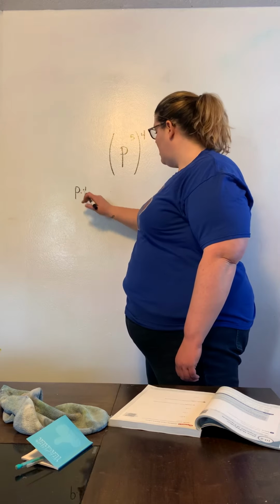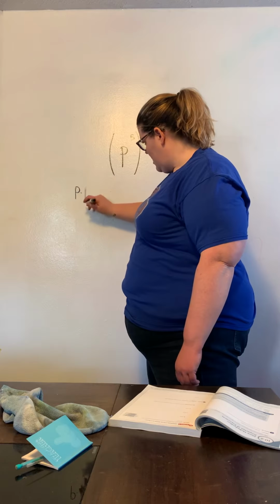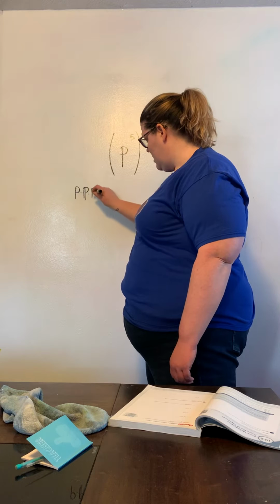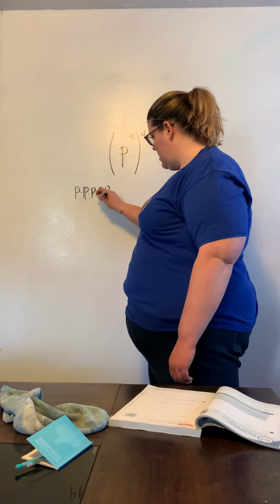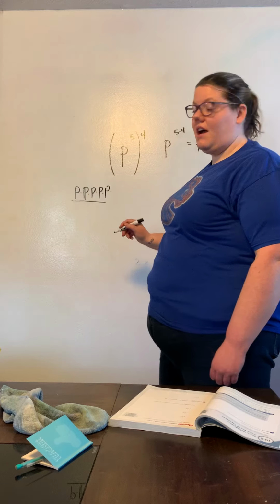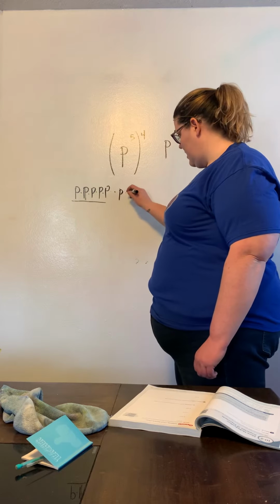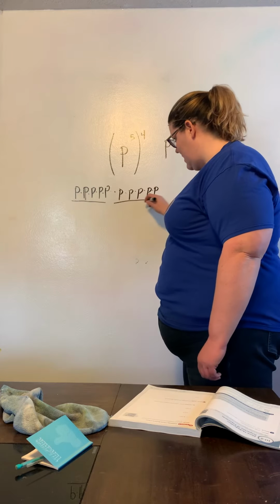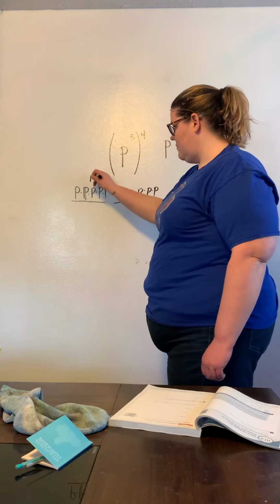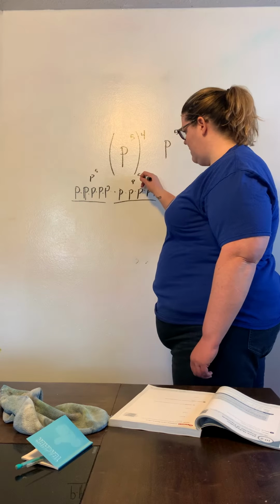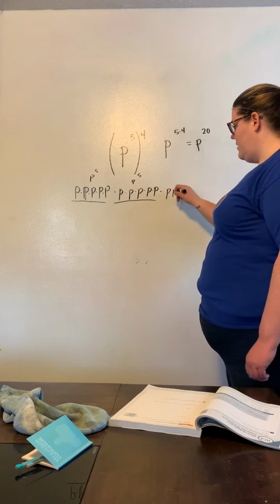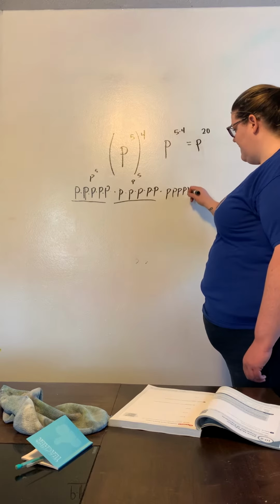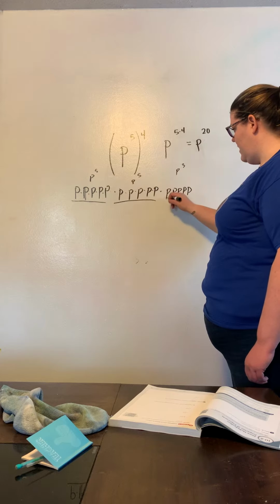1, 2, there's my first set of p to the 5. Then we've got another one. Another set of p to the 5. So p to the 5th, p to the 5th. Another set. There's another p to the 5th.